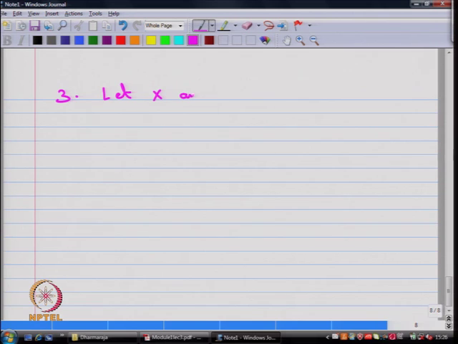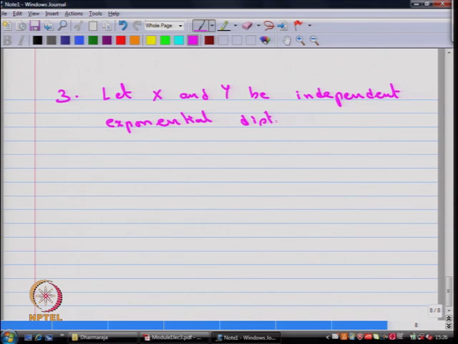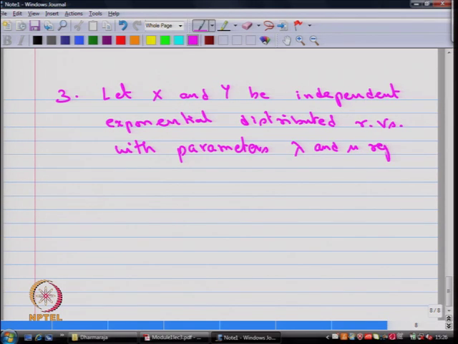Let X and Y be independent exponentially distributed random variables with parameters lambda and mu respectively.